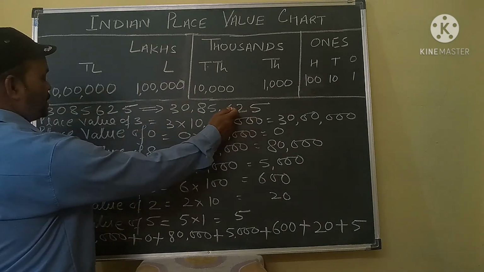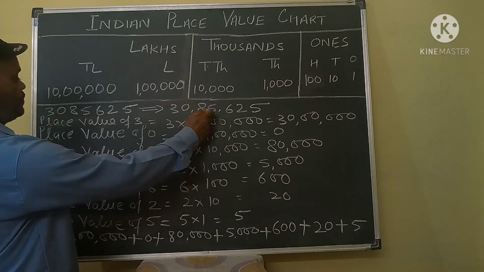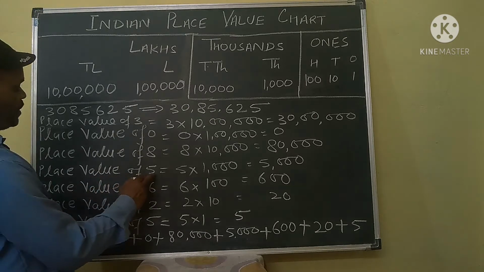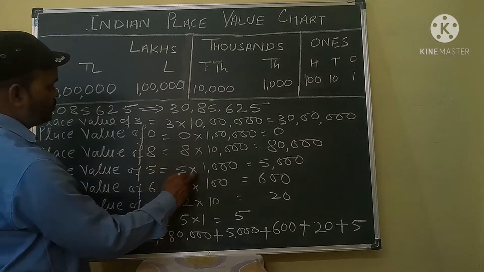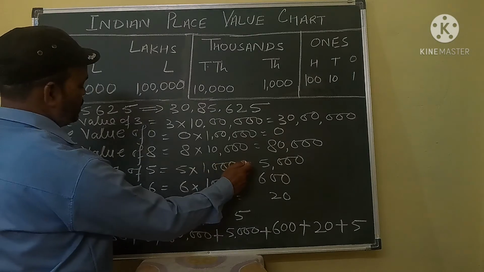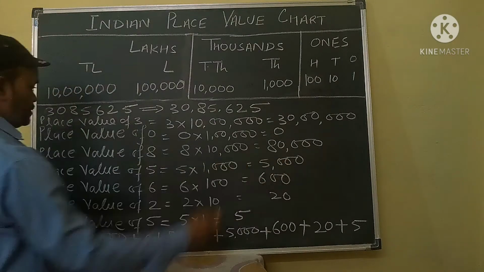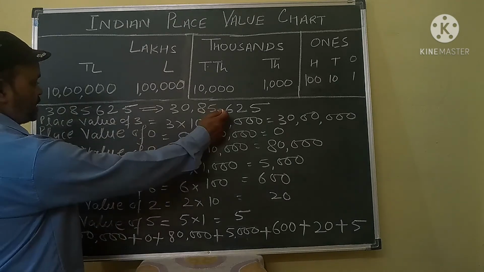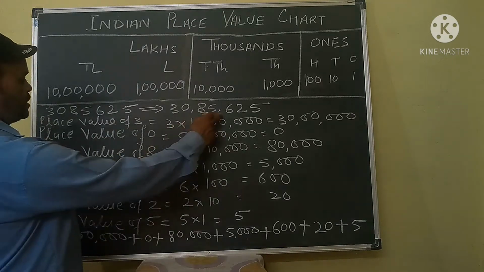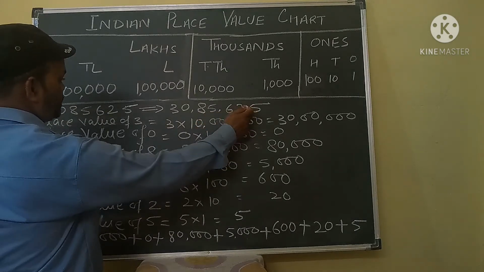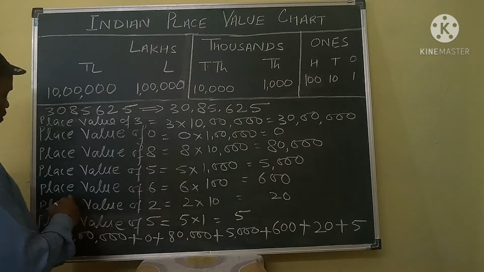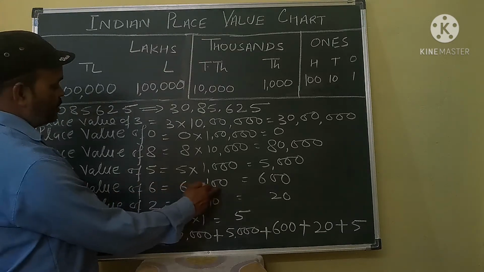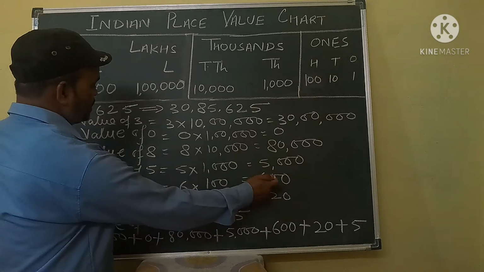Ones, tens, hundred, thousand. 5 is in thousand place. The place value of 5 is 5 into 1000, which gives 5000. Again, the place value of 6: 6 is in hundred place, so 6 into 100 gives 600.